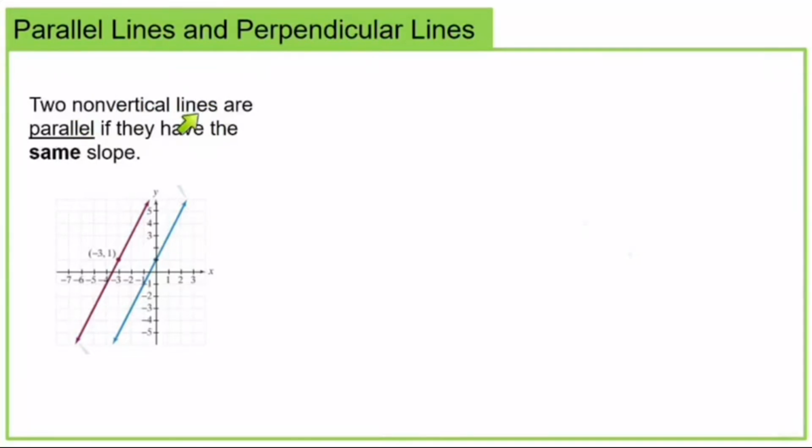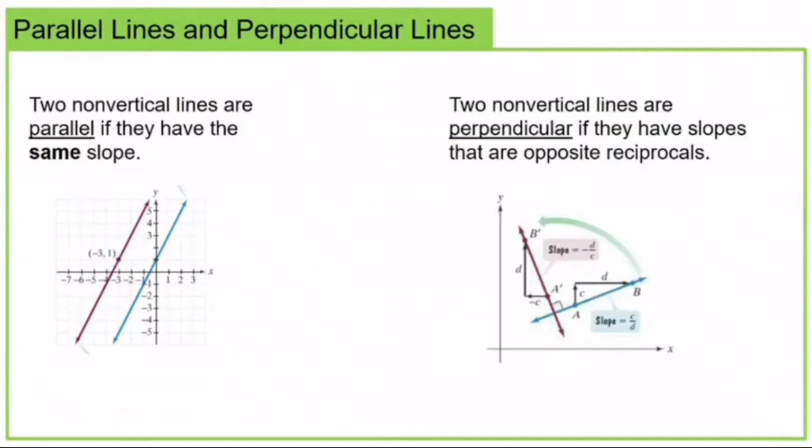Two non-vertical lines are parallel if they have the same slope. You can see here I have two parallel lines. Parallel means they're never going to cross. So two lines can only be parallel if they have the same slope. Otherwise, if they didn't have the same slope, at some point they would have to cross. So parallel lines have the same slope.